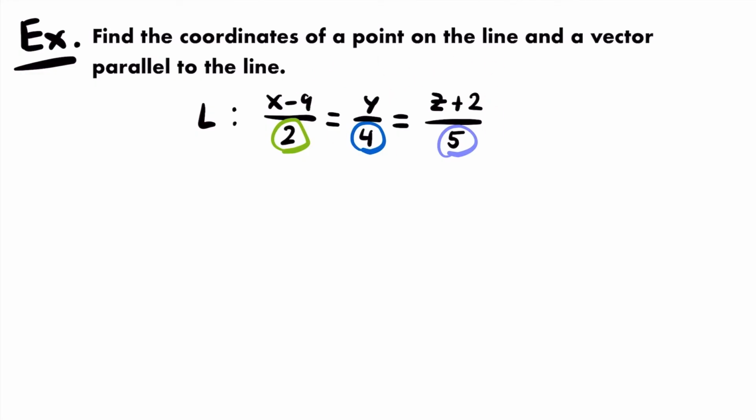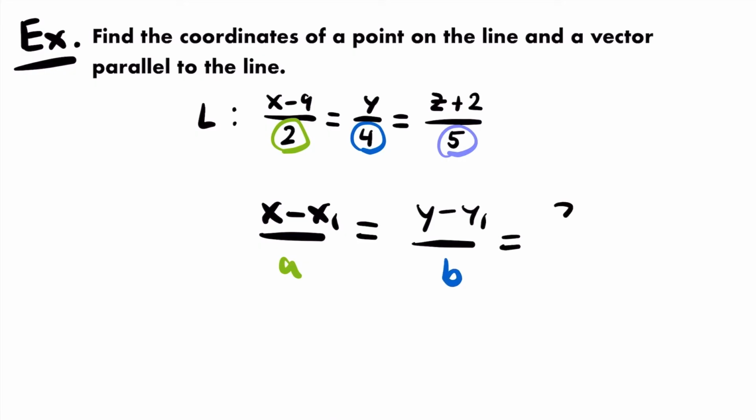Because if you remember the general form of the symmetric equation of a line in 3D, it's x minus x1 divided by a, and that's equal to y minus y1 divided by b, which is equal to z minus z1 divided by c. And so x1 will be 9, y1 will be 0 because we have y and that's it, so y minus 0 would be y, so y1 is 0, and then z1 would be -2, right?